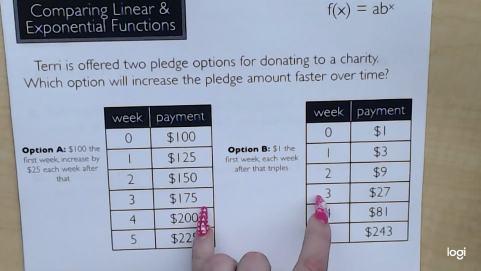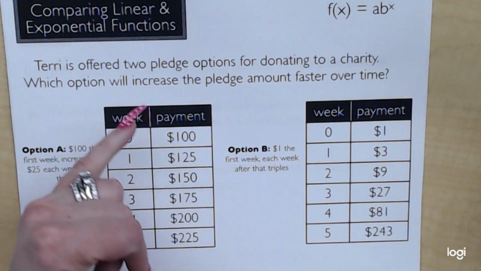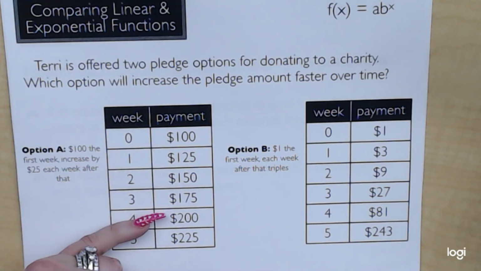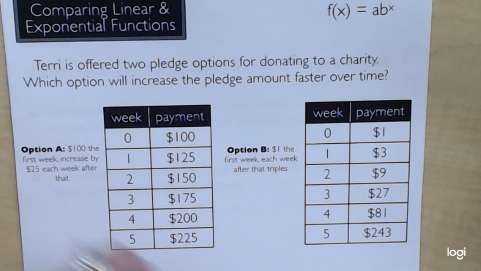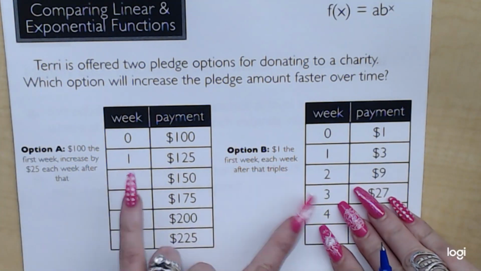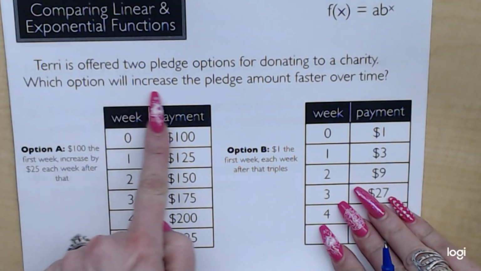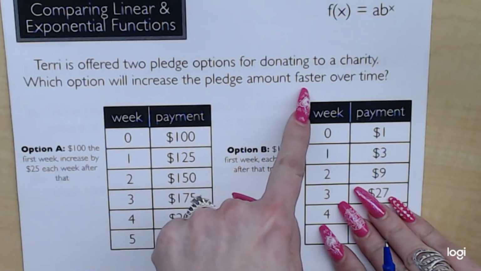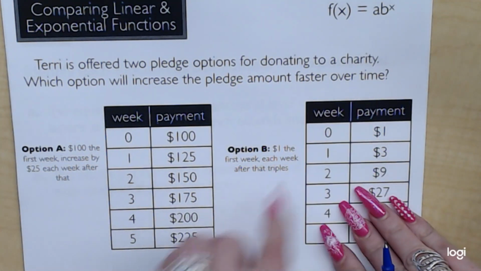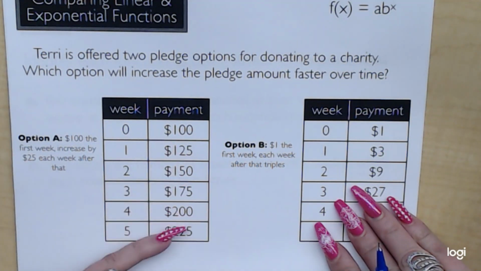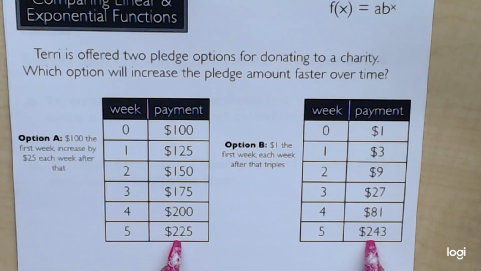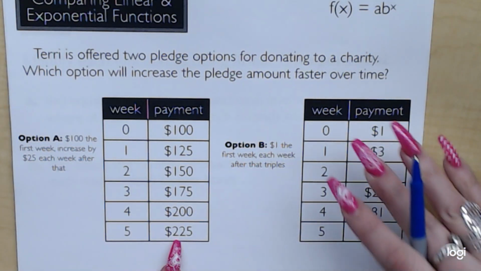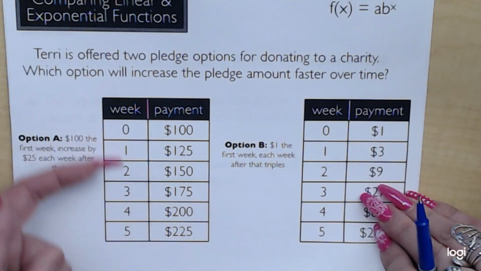You can graph them, you can check them in Desmos, but write the function for each one and then graph it in Desmos and see what it looks like and compare them. It's saying which option will increase the pledge amount faster over time. I want you to graph it to really see how much it's going to grow as these weeks continue on.